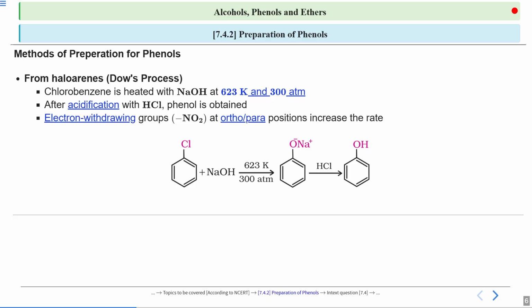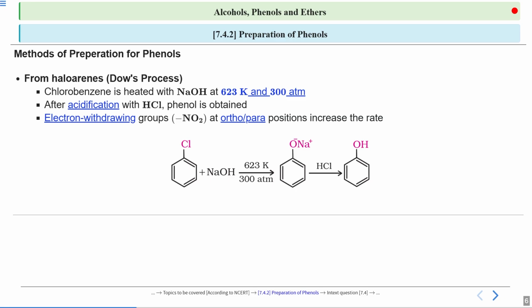If we see the reaction, we have initially chlorobenzene, a haloarene. We react it with sodium hydroxide at a particular temperature, 623 Kelvin, and the pressure 300 atmosphere. You will get an intermediate, which is sodium phenoxide. So we have benzene attached with O negative and Na positive after the removal of chlorine, the halogen, from the benzene ring.